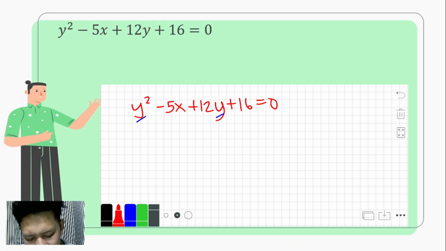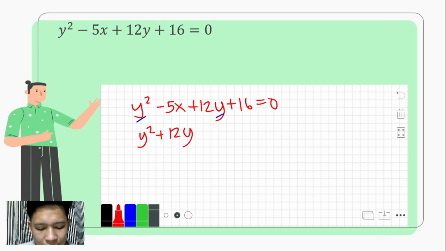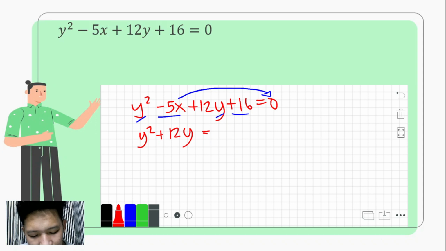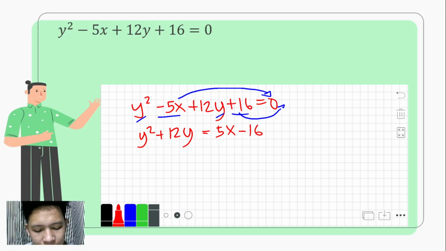So, we'll be having y squared plus 12y. And then, all other terms would be transposed to the other side of the equation, making this si 5x, kapag nilipat sa kabila, that becomes positive 5x. And then si positive 16, kapag nilipat sa kabila, that becomes negative 16.